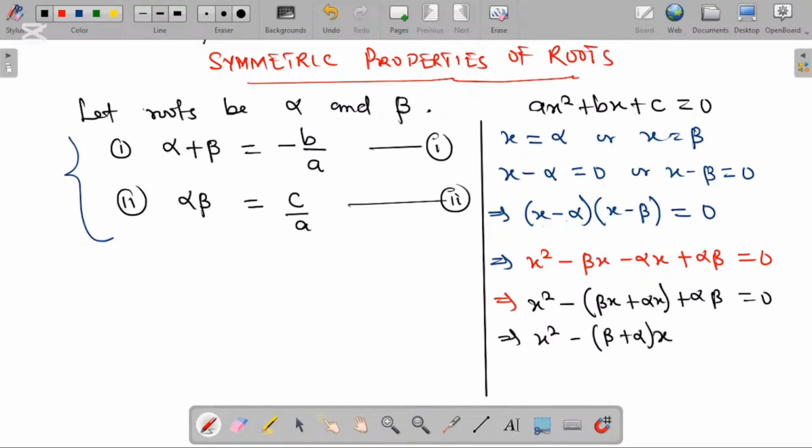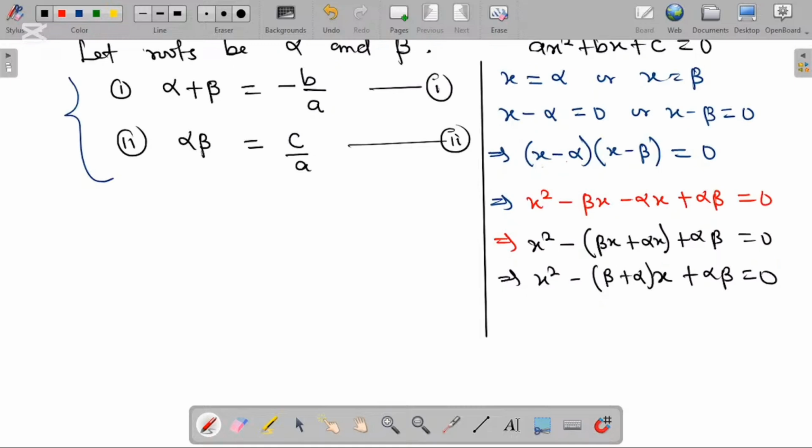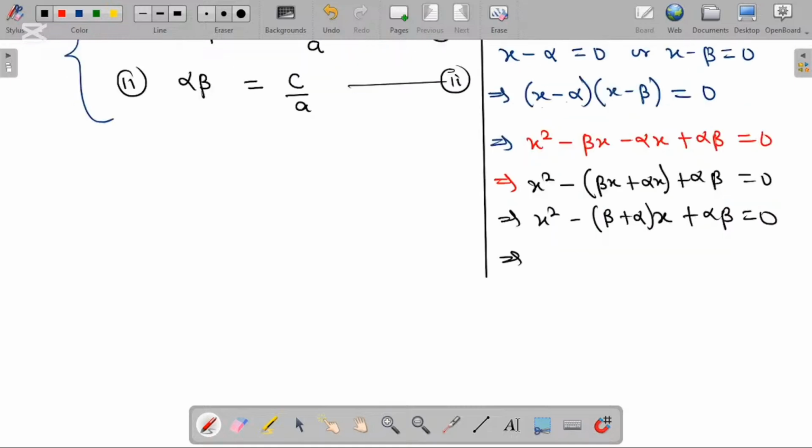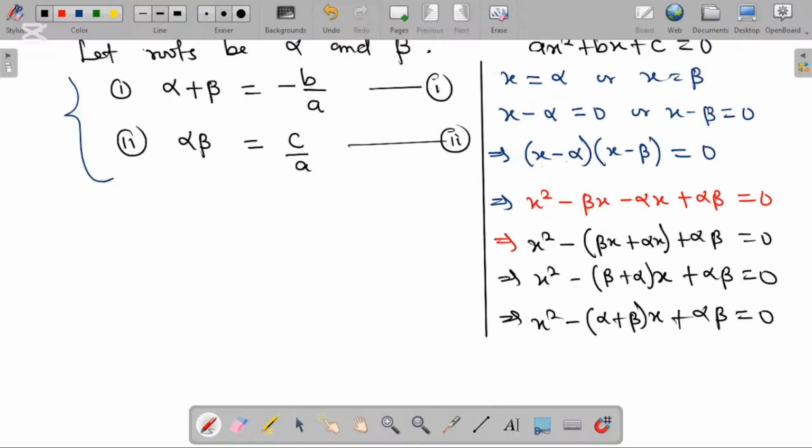If you open this bracket, you will get back this, and that is plus alpha beta equal to 0. Alpha means a, so we can write our alpha first. So this is going to be x squared minus alpha plus beta x plus alpha beta equal to 0. This is exactly what you will get if your roots were alpha and beta.